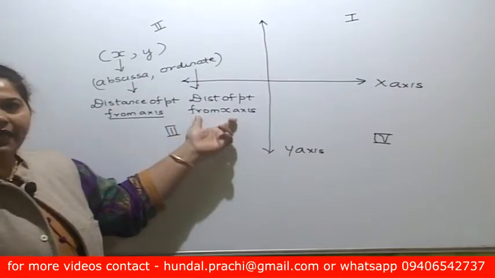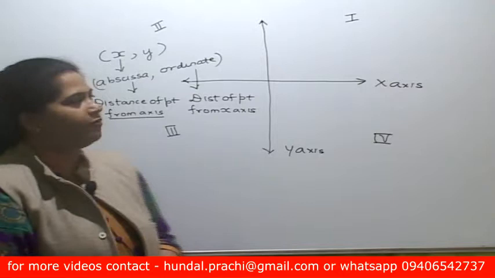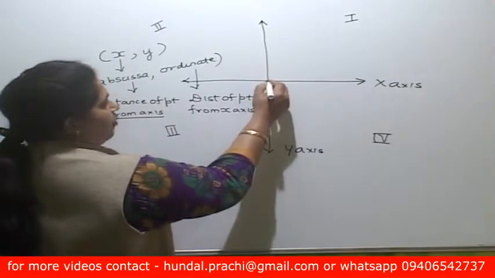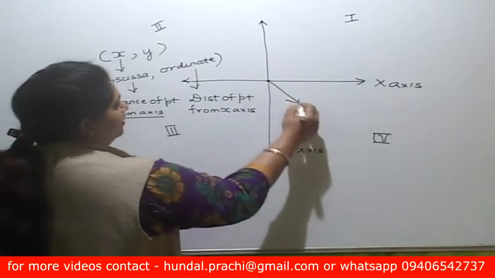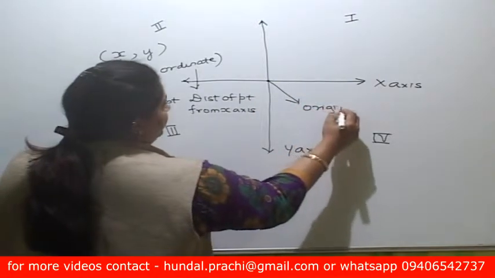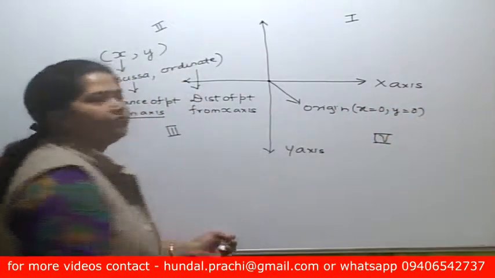Now the sign of the coordinates of a point may be positive or negative, because the point where the two axes intersect is known as the origin, and here x is equal to 0 and y is also equal to 0.